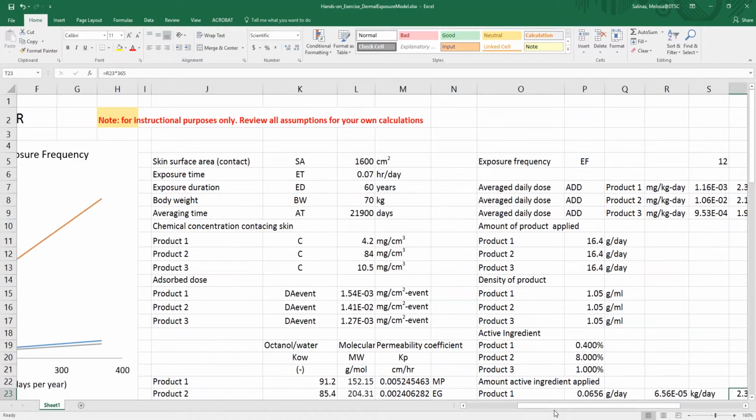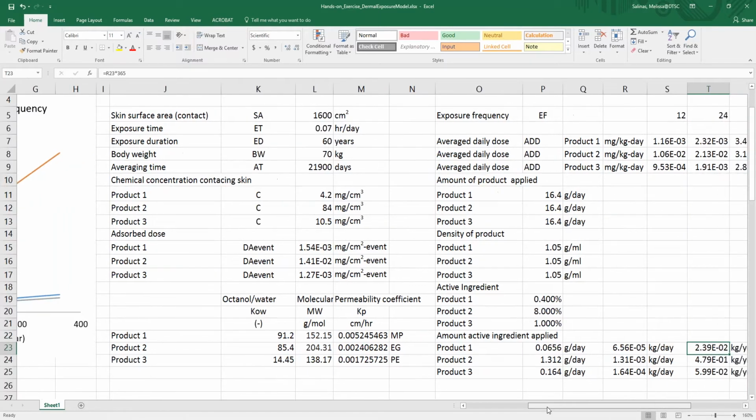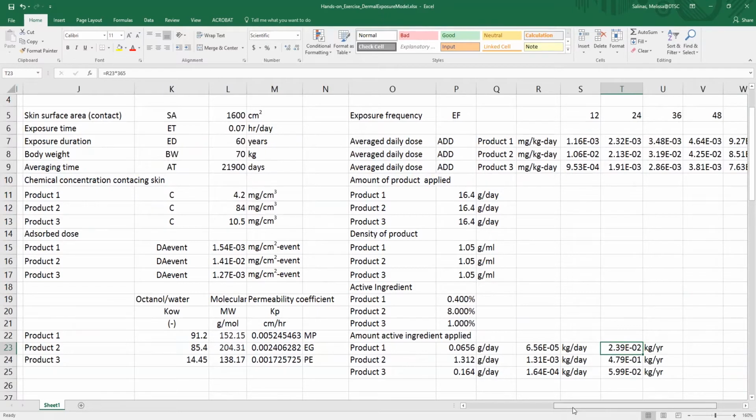Here we did use the density of the product, and then the active ingredient for the methylparaben and the other two, looking at some data, what would be typical values for the active ingredient. Pretty sure that should have been a 0.8, but yeah, it's okay. And then that gives you the amount applied per day. For our website, we use kilograms per day, so we convert it to a kilograms per year value, actually.